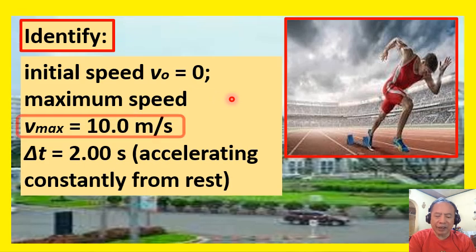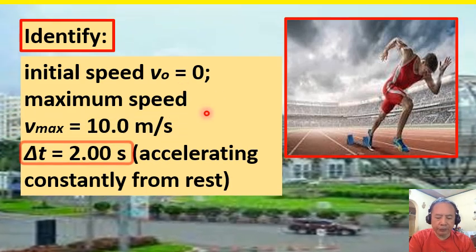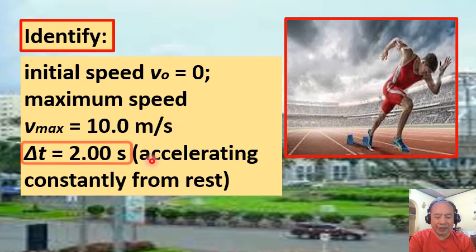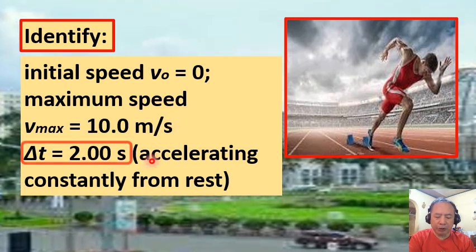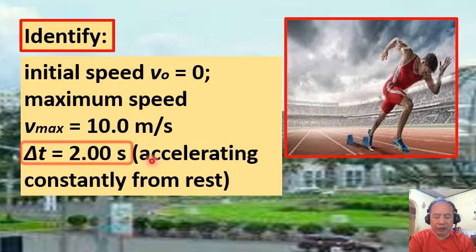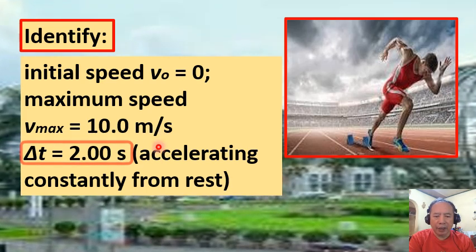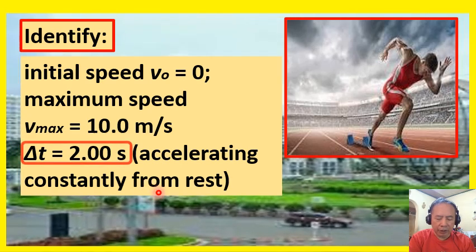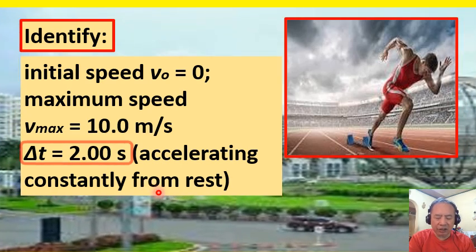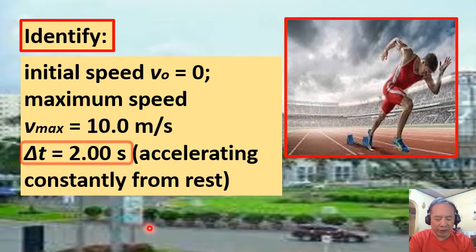He can maintain his maximum acceleration for a period of 2.00 seconds. This means that after 2.00 seconds, he is already running at his top speed of 10.0 meters per second, maintaining this constant speed until he reaches the finish line.